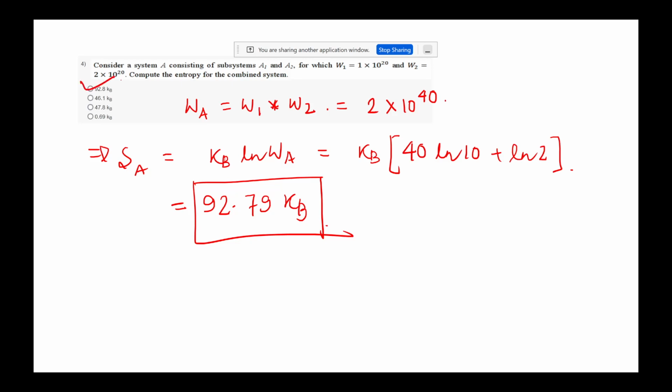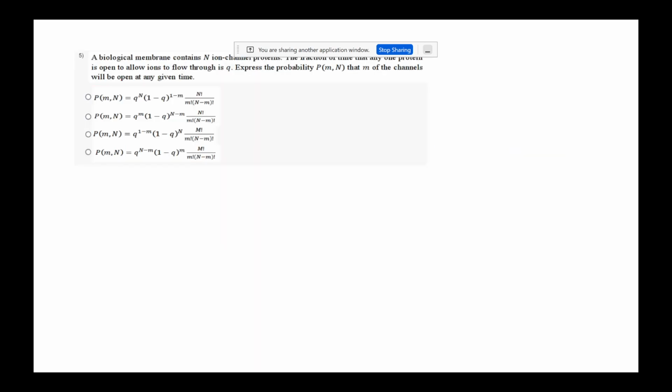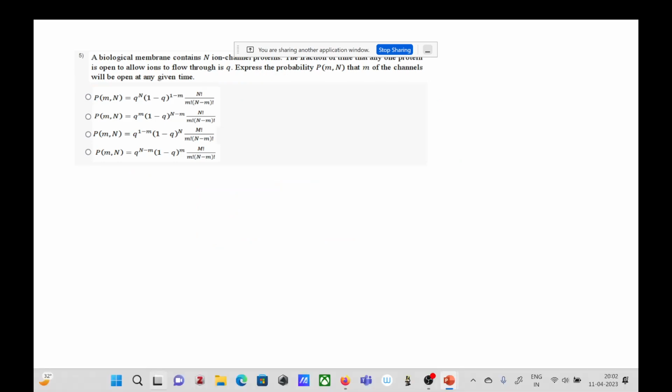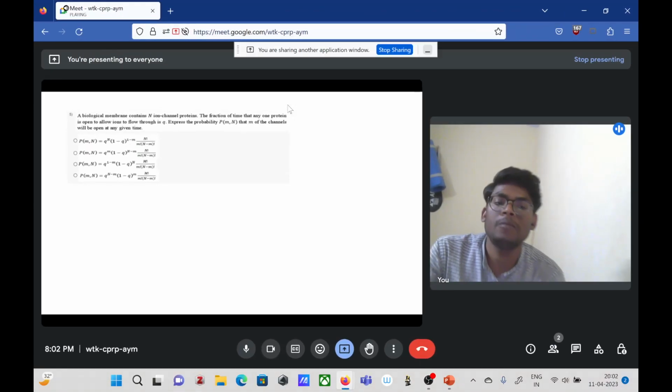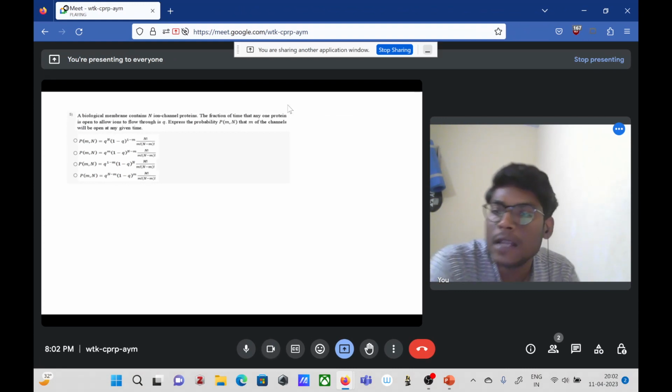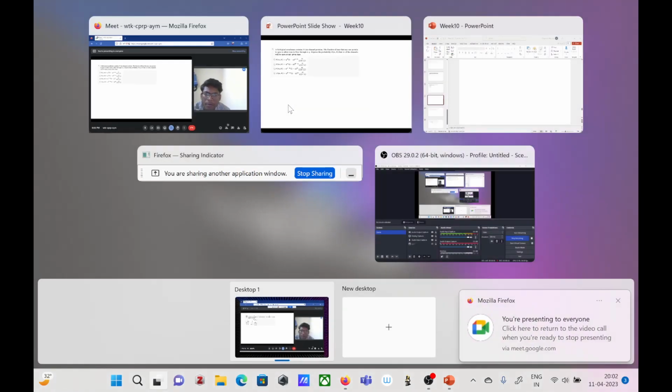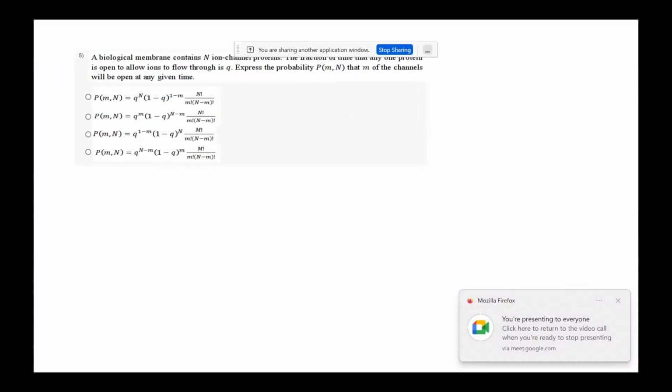Okay. The last problem for today says that a biological membrane contains n ion channel proteins. The fraction of the time that any protein is open to allow ions to flow through is q. Express the probability that m of the channels will be open at any given time. Very simple problem. This is a binomial expression.